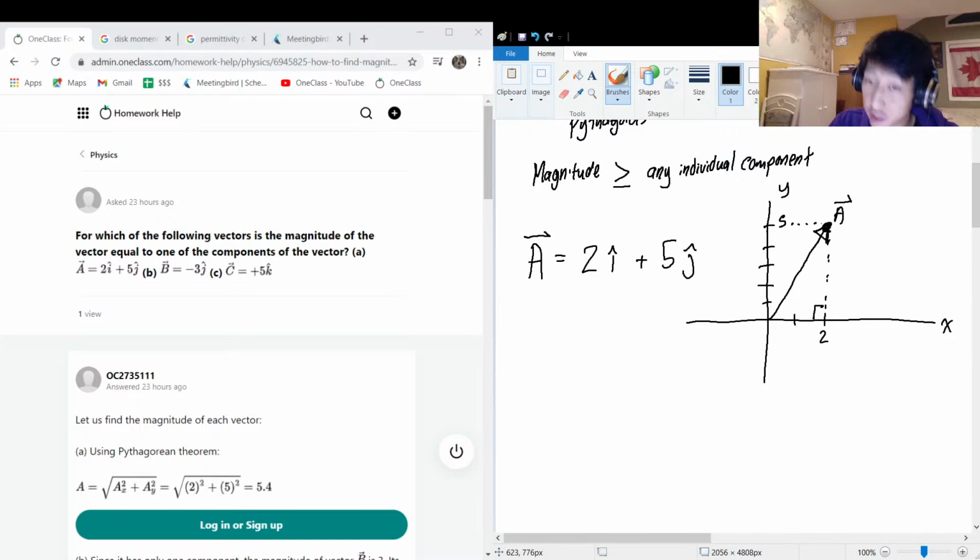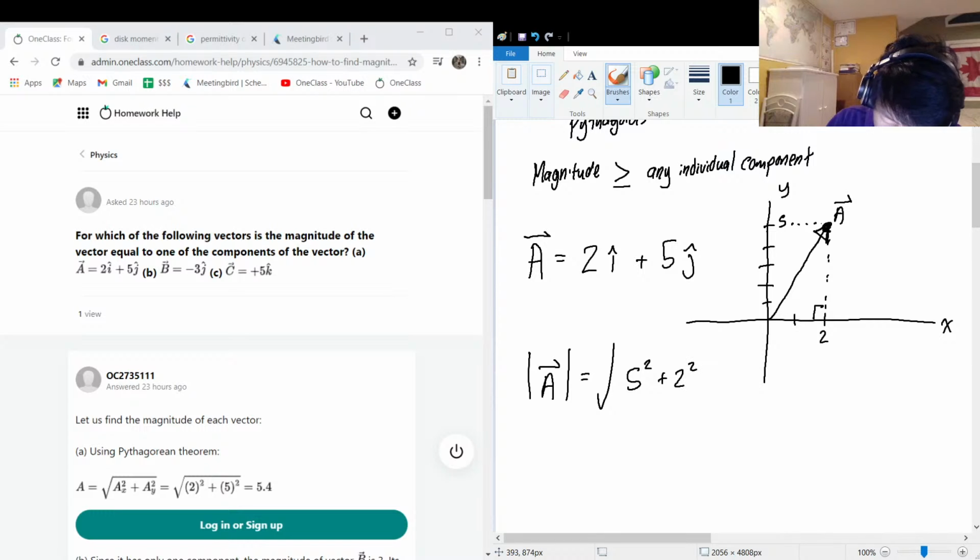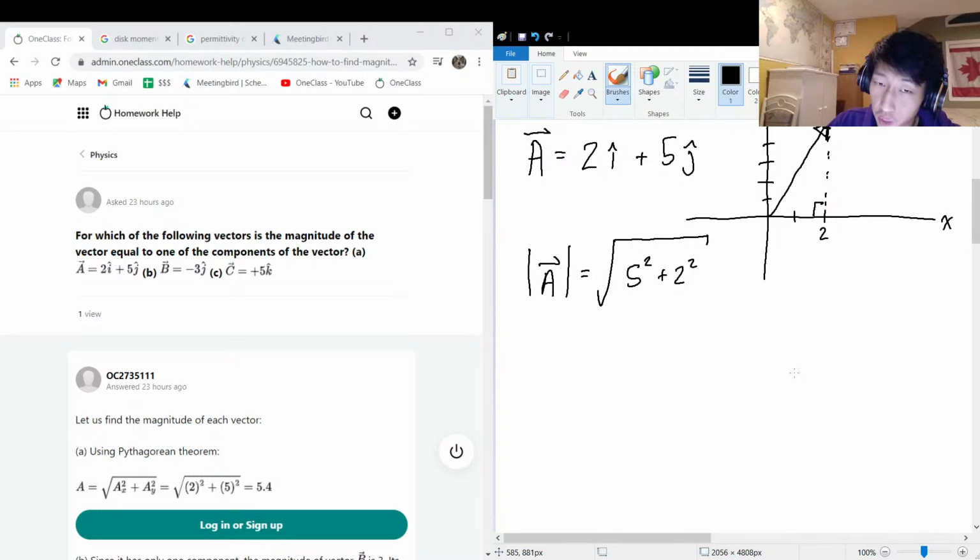So the magnitude of A is equal to the square root of the sum of 5 squared plus 2 squared. The order that you do them doesn't really matter, because in the end it's all going to work out. So we have 5 squared, 5 times 5, 25, 2 squared, 2 times 2, that's 4. So it's going to be the square root of 29.